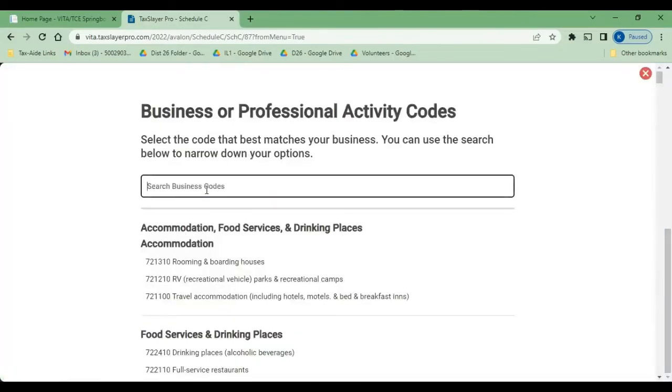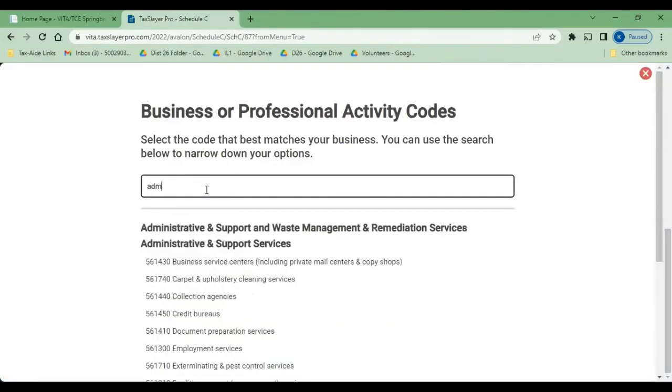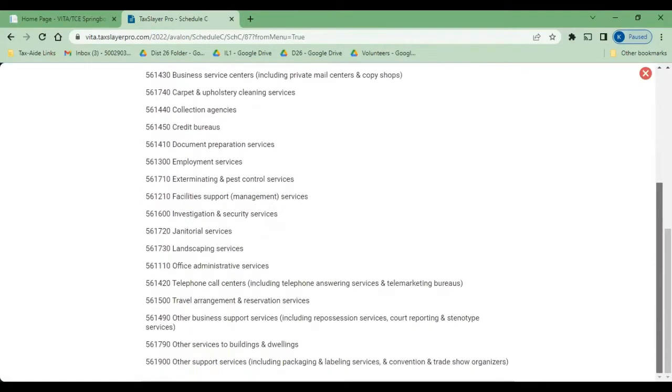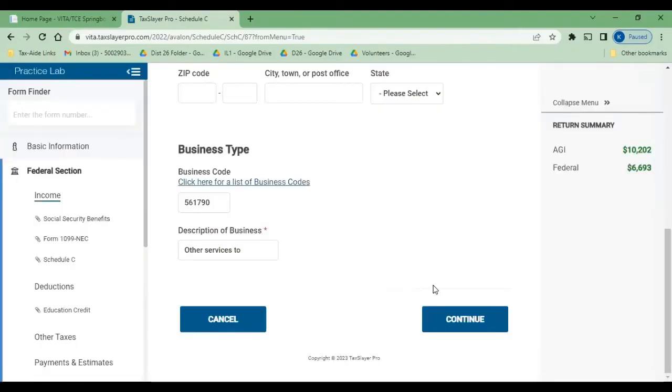You can scroll through here. I'm going to look for administration and support. And as I scroll, I think my best category is other services to buildings. You can also use a Bogart tool that can help assist you in finding the correct code.